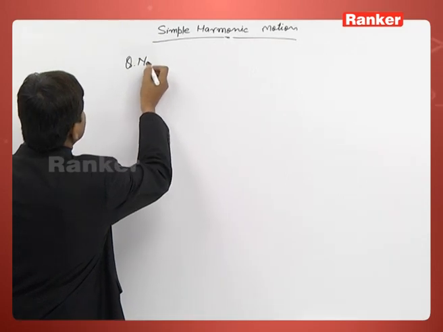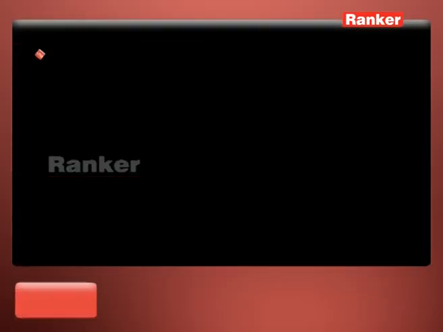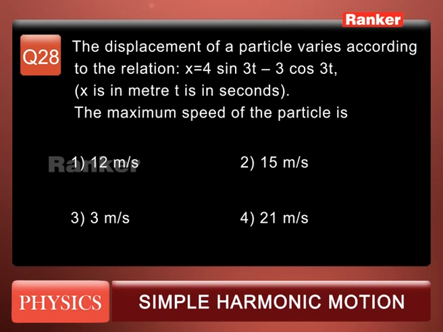Now question number 28. The displacement of a particle varies according to the relation x is equal to 4 sin 3t minus 3 cos 3t. The maximum speed of the particle is: the first option 12 meter per second, the second option 15 meter per second, third option 3 meter per second, and the fourth option 21 meter per second.